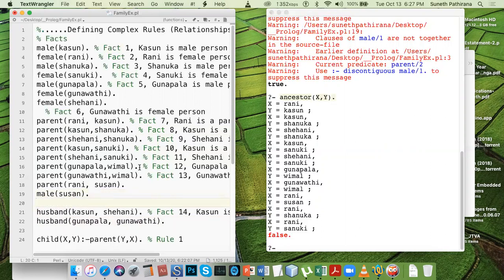We will define Gunapala, Vimal. Okay, we'll define Vimal's son as, who is here, Kasun. Oh, yes, we'll say Kasun. Okay.